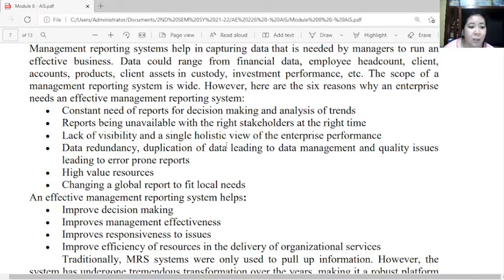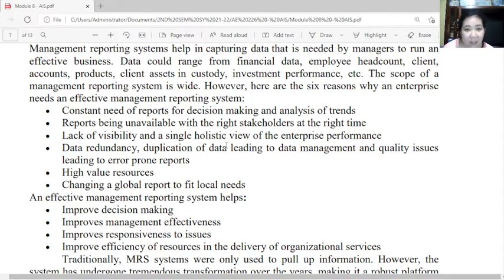And another is changing a global report to fit local needs. The management actually faces this dilemma because they have to meet the changing global requirements in reporting, but they are operating locally.